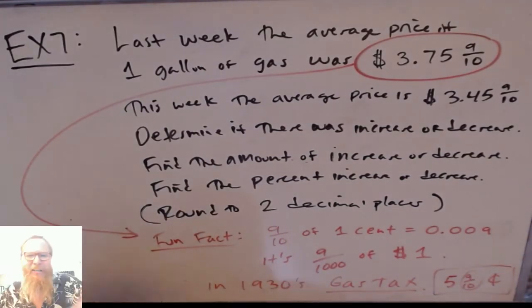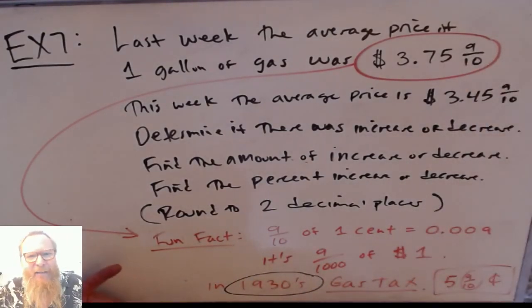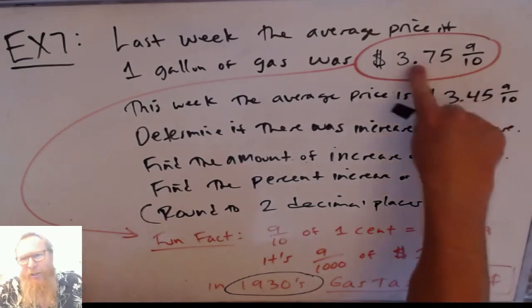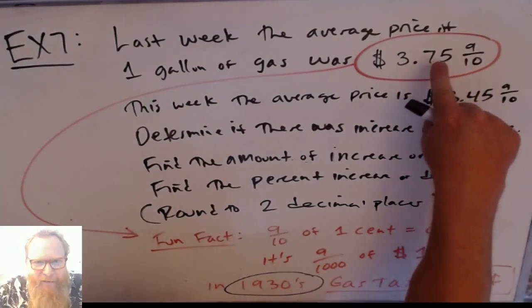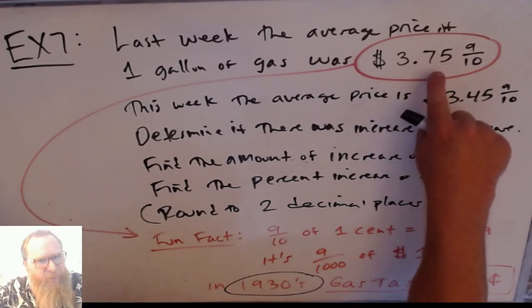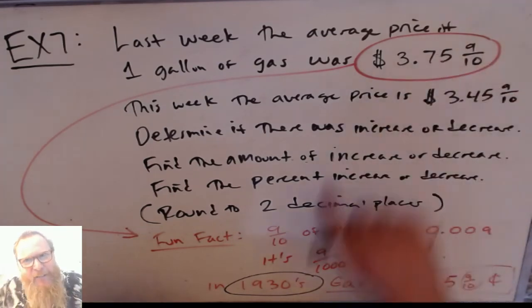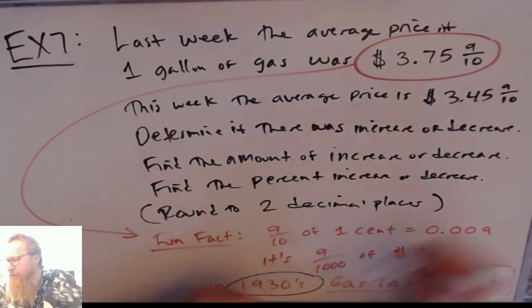And so this tradition has been going on since the 1930s, where gas stations add the 9/10 of a cent to make it look as if this gas is $3.75. But in reality, if you were to buy 1 gallon, you wouldn't pay $3.75. You would pay $3.76 because that 9/10 would round that up. And the same thing goes for the other price.